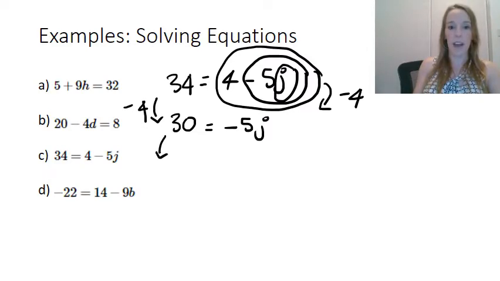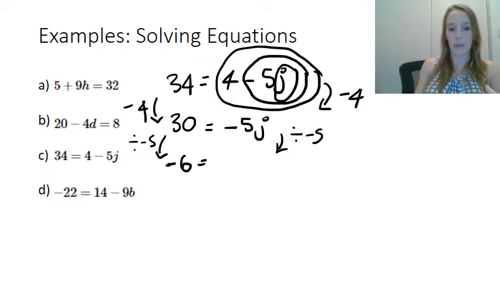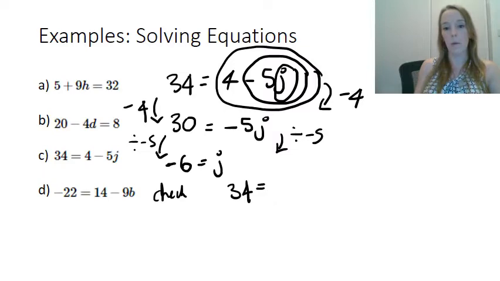Now to get rid of that, we're going to have to divide both sides by negative 5. So 30 divided by negative 5. Positive divided by a negative is going to give us a negative. So negative 6 equals J. If you're not sure, substitute it back in and check. So 34 equals 4 take 5 times J, and J we think is going to equal negative 6.